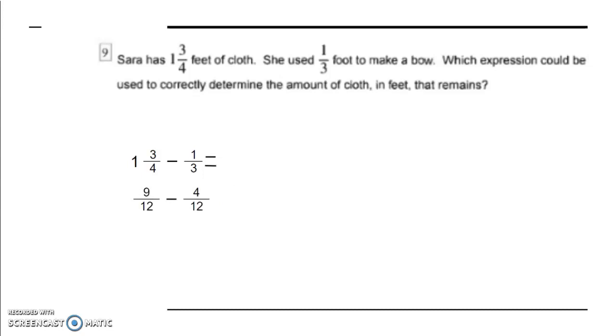Now, if I look at that really quickly, I'm automatically thinking, alright, I can easily subtract these two numbers, because if I have 9/12, I can take 4/12 away from it. So I'm going to come up with my answer, but I'm going to give you guys a little bit of time to try and solve it for yourself.